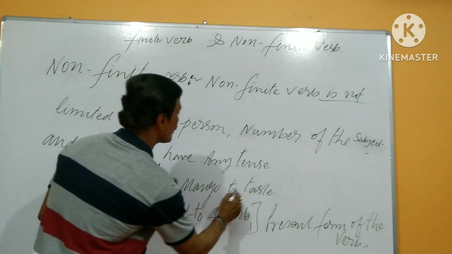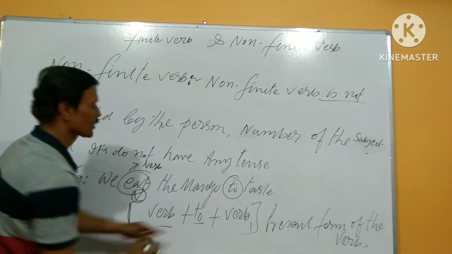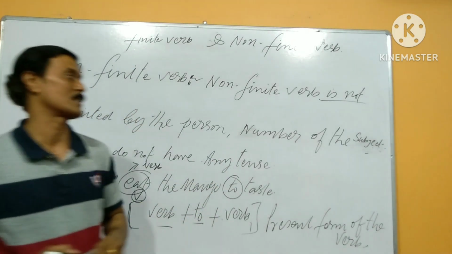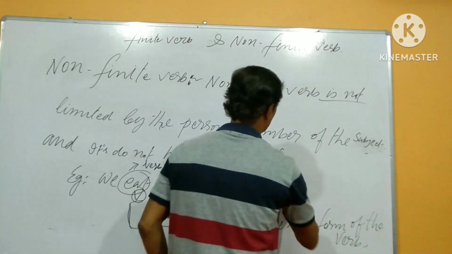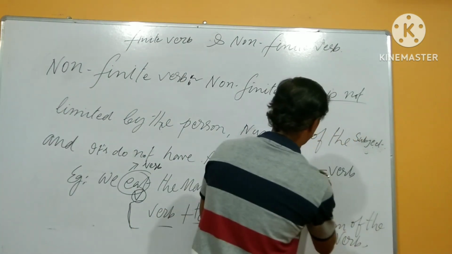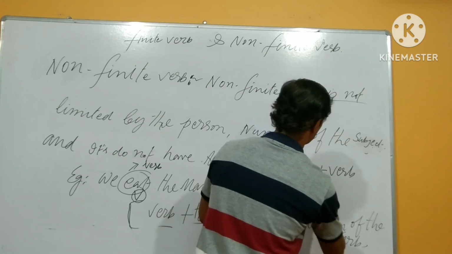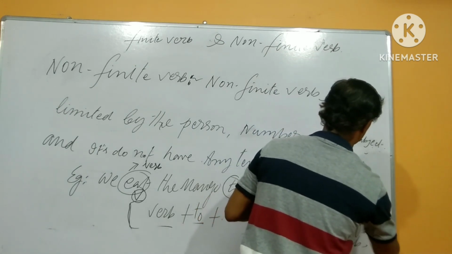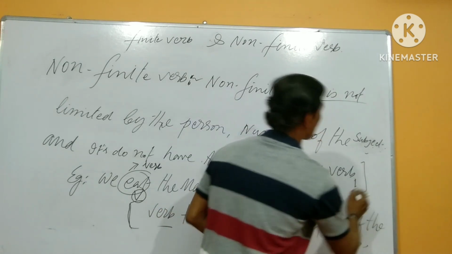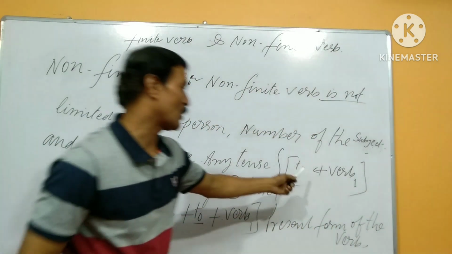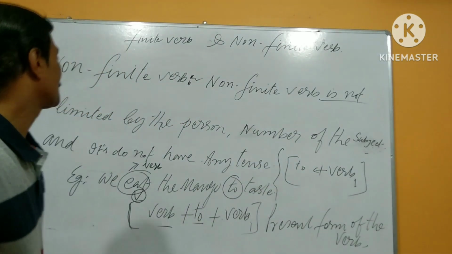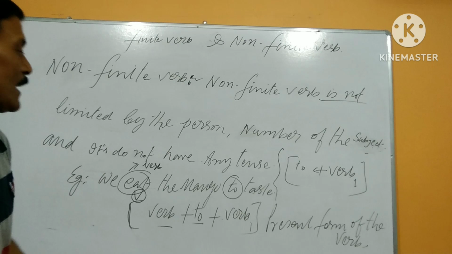Then I use to, here I noted to, and then a verb. The verb form is the present form, one form, which means the present form of the verb is called an infinitive. So, okay, in this way, I hope all of you are clear.